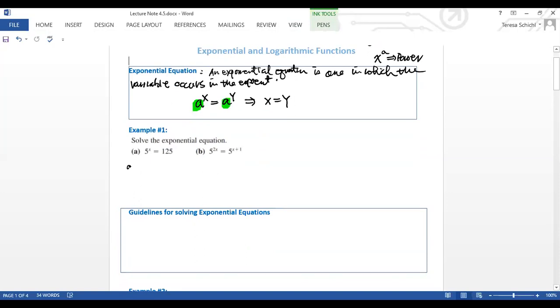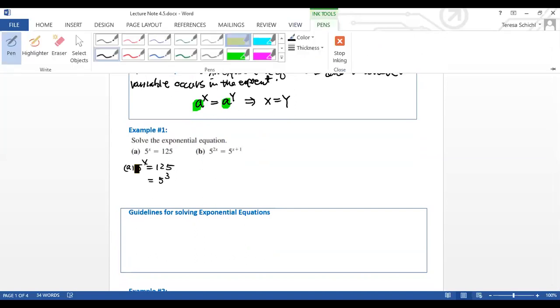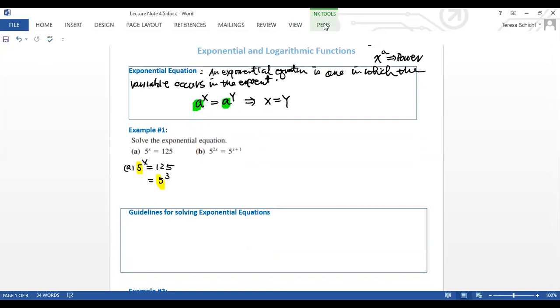The first one: 5 to the x equal to 125. I know 125 is 5 to the how many power? Third power, right? Both of them have the base 5, so you can just cross it out. What is the x value? x equal to 3.